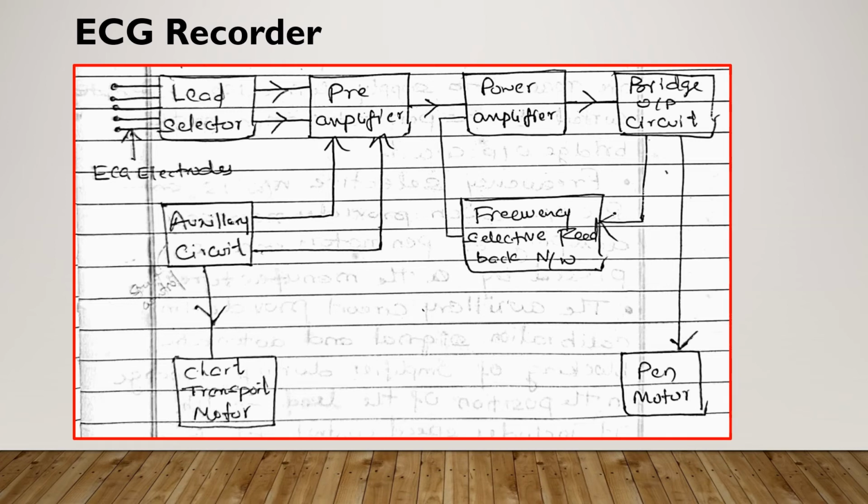The auxiliary circuit provides a 1 millivolt calibration signal and automatic blocking of the amplifier during a change in the position of the lead selector switch. It includes a speed control circuit for the chart transport motor.